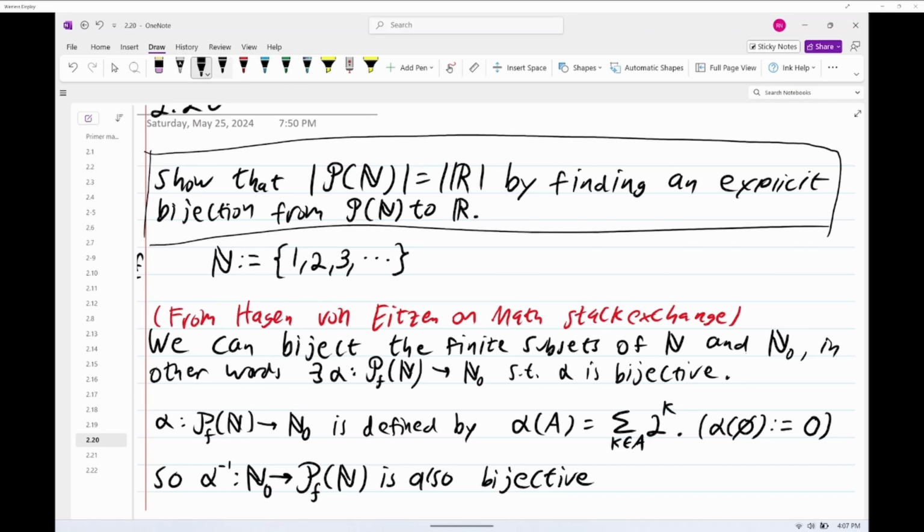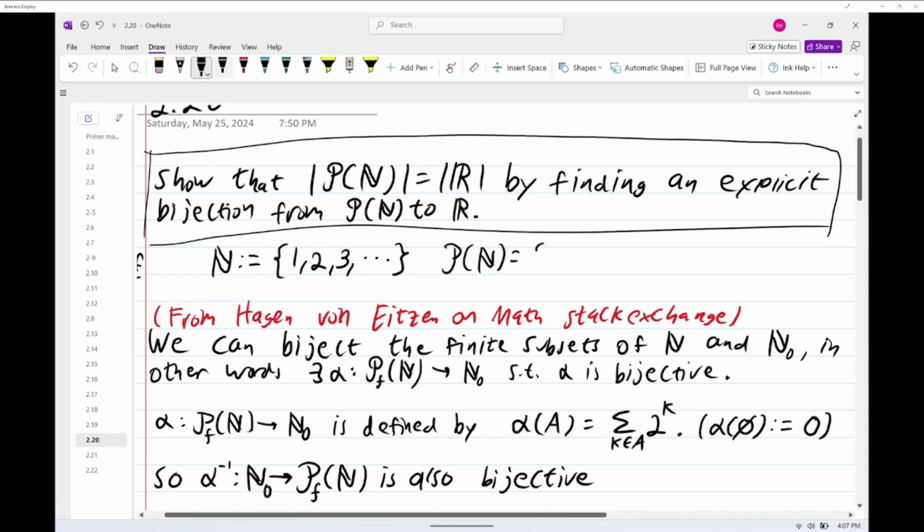That is the power set of the naturals, which, oh gosh, I forget what power sets are. It's the collection of every subset of the naturals.